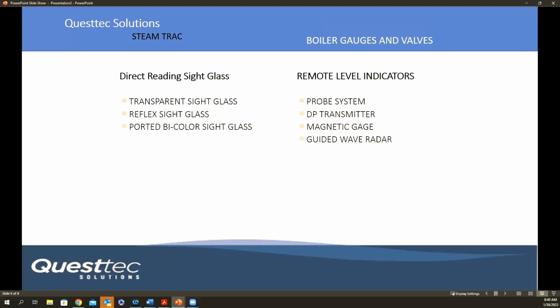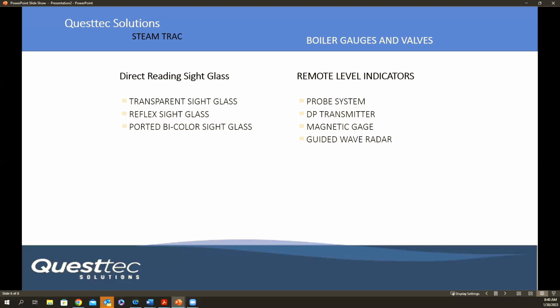So what is a direct reading sight glass? I'll reiterate again: a transparent sight glass, which needs to be staggered when multiple sections come into play; a reflex sight glass, which can be used as a continuous chamber; and a ported bicolor sight glass, which is our STB 3000, Questtec's flagship, which must have the bicolor LED illuminator assembled in order to meet code.